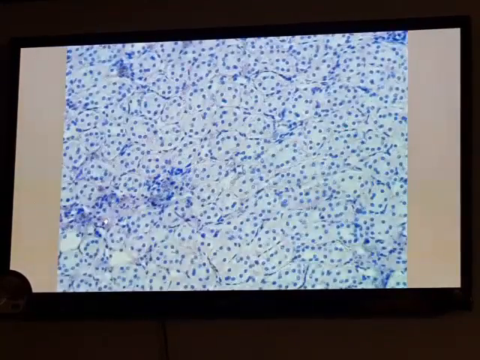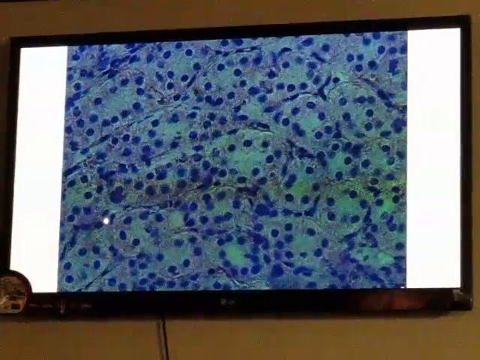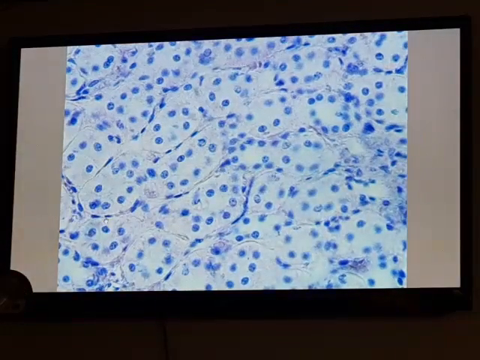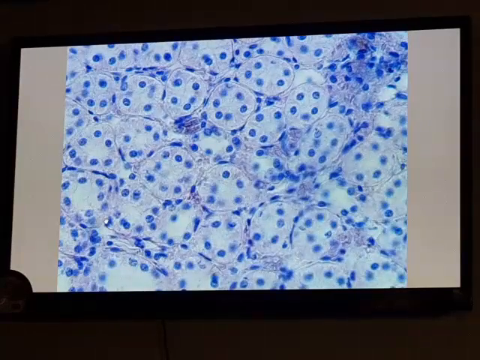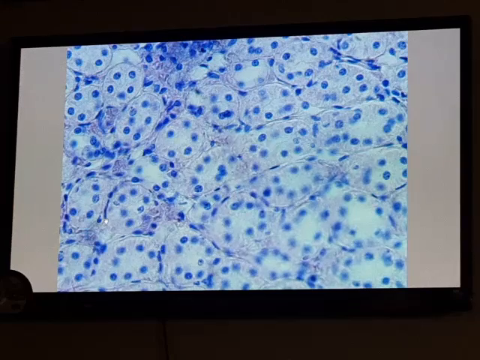In the deeper medulla, we have thick and thin segments of Henle's loop.